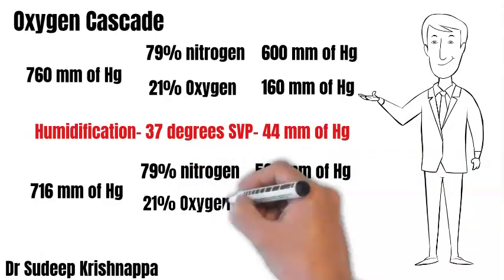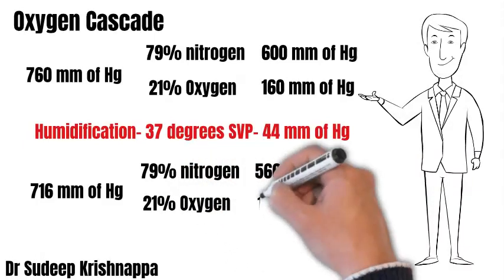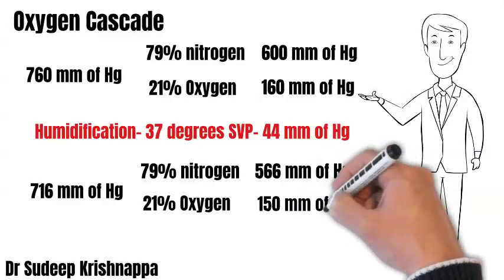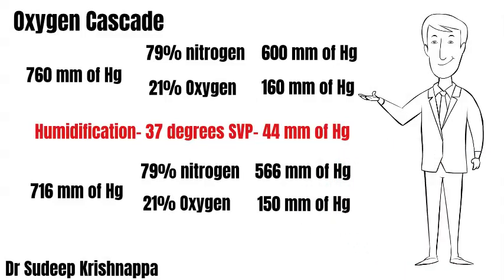So, in order to arrive at the new pressures for oxygen and nitrogen, we deduct 44 millimeters of mercury from 760. That gives us a value of 716 millimeters of mercury. Nitrogen and oxygen contribute 79 and 21% of this respectively, which translates to 566 millimeters of mercury and 150 millimeters of mercury, respectively.